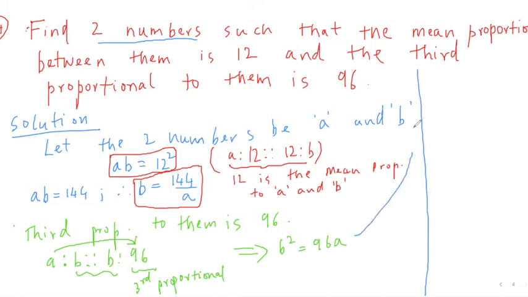B squared is equal to 96A. Also, B squared could be (144 by A) squared. I'm just substituting for B, is equal to 96A. Is that fine?